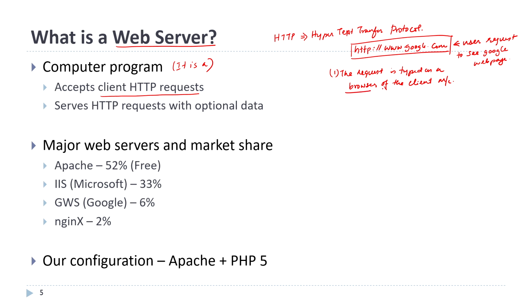So, what is a web browser? It can be Firefox, Chrome, Internet Explorer, etc. They are all browsers. This request is created in the browser, and then, second, it gets transferred through the internet until it reaches the server.